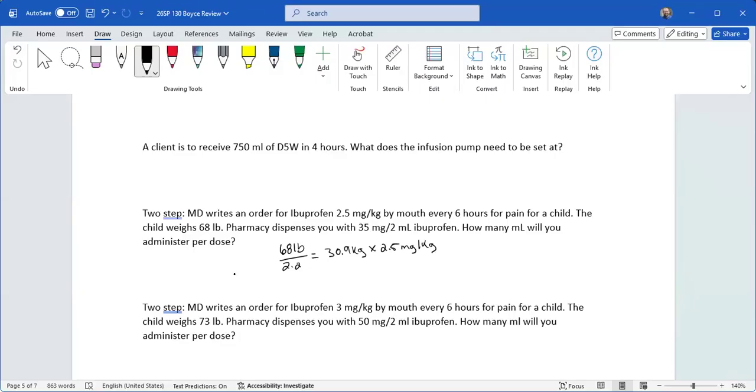Once we get here, this will get us right to our milligrams, which you already know what to do with. So you get 77.25 milligrams. That's your order, it's just now a weight-based order. And now you can do order over available if that's what you're used to doing. So 35 milligrams times the 2 ml, and that's where you get your rounded 4.4 milliliters.